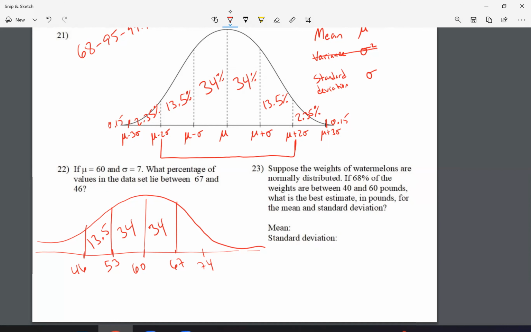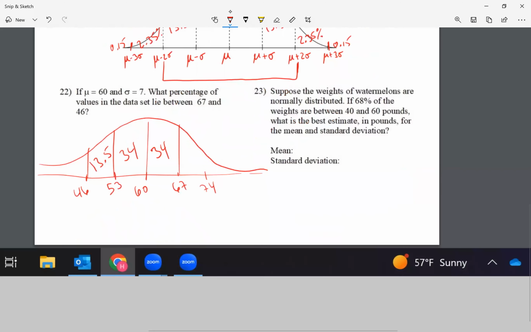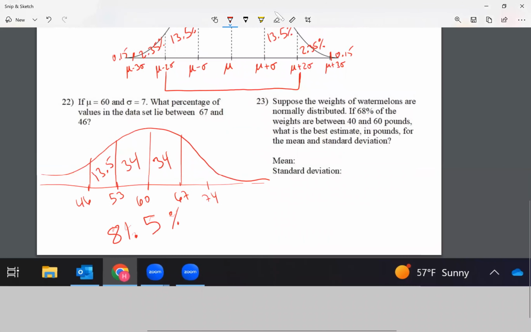And I'm going to say 81.5%. Right, I just added 13.5 plus 34 plus 34.